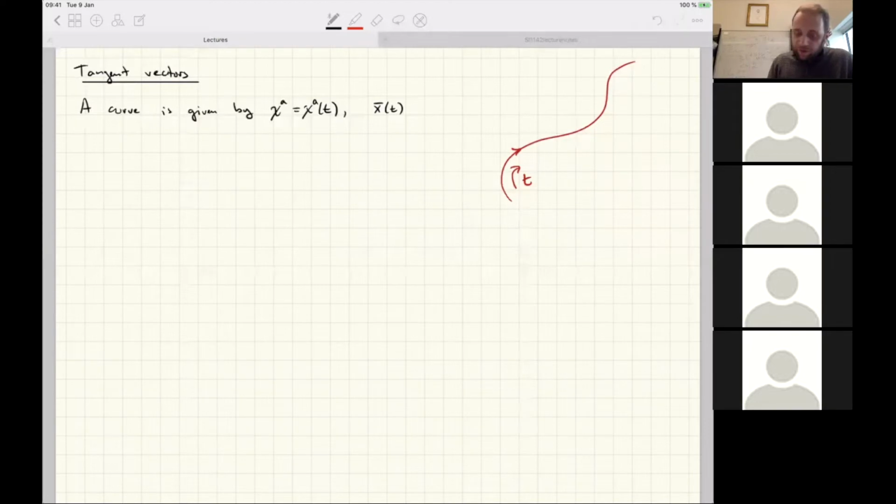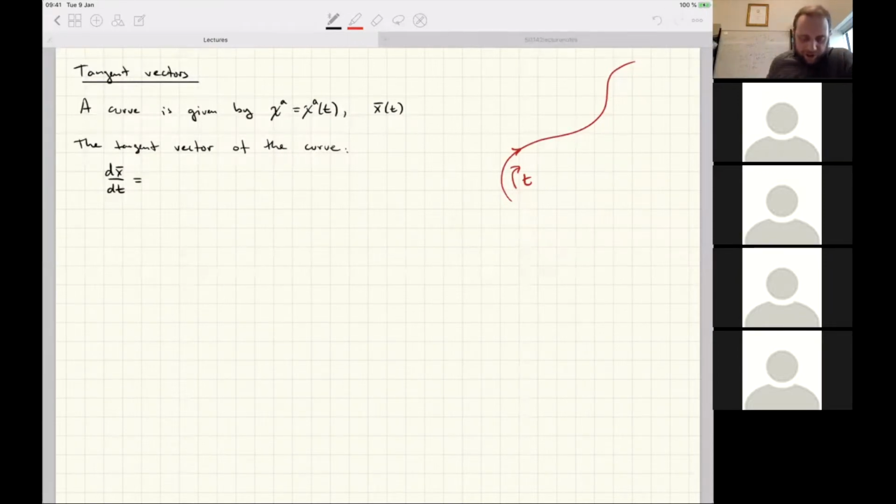And we define the tangent vector of this curve as the derivative of the position vector with respect to the curve parameter.